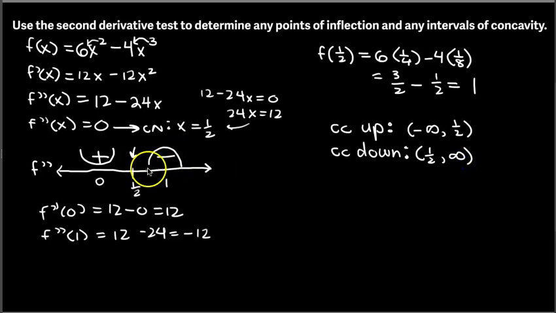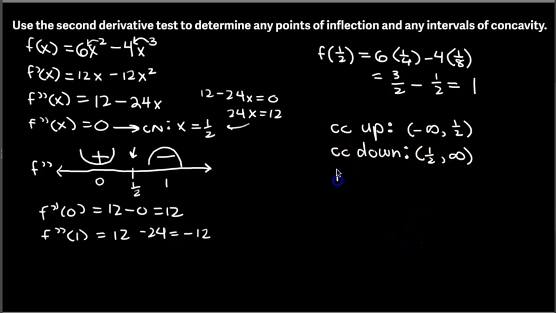Why? Because f double prime of x is negative from 1/2 to infinity. And don't forget, you do not want to put square brackets for this type of problem. You just want to put circle brackets because we know that at the value 1/2, we did not test it. We know that it's a critical number, so it must not be included in these intervals.